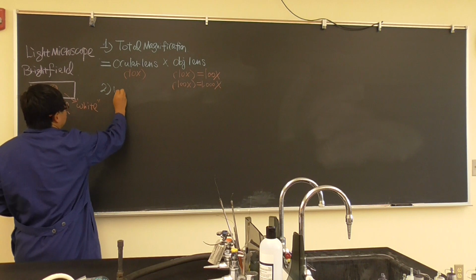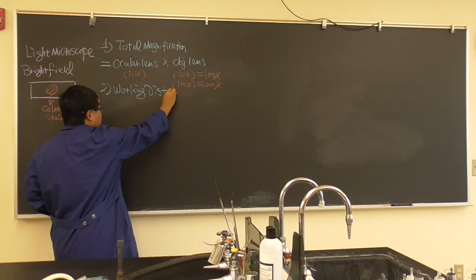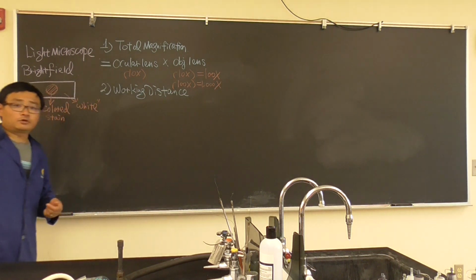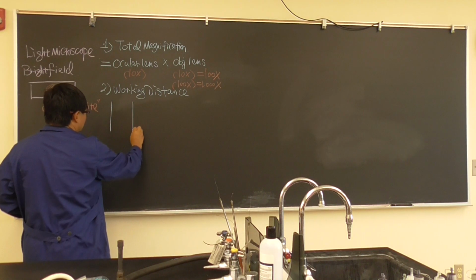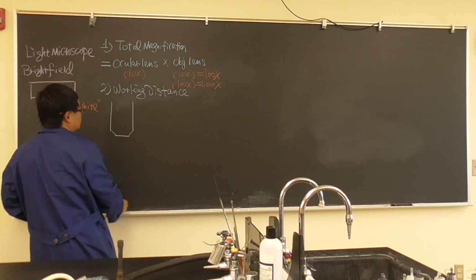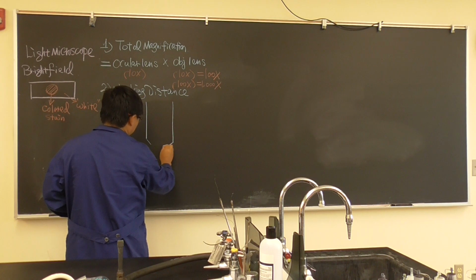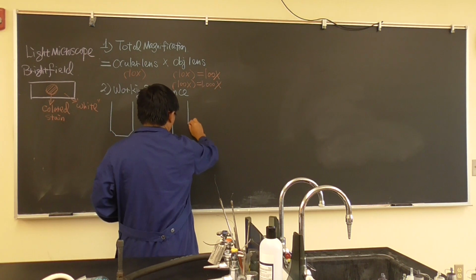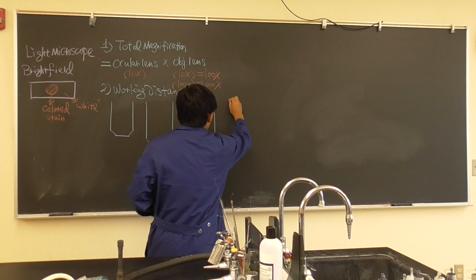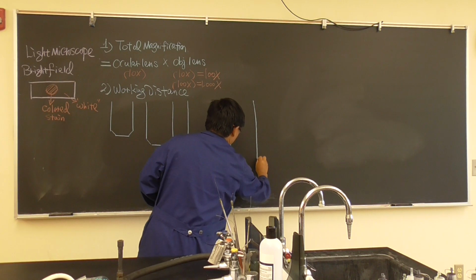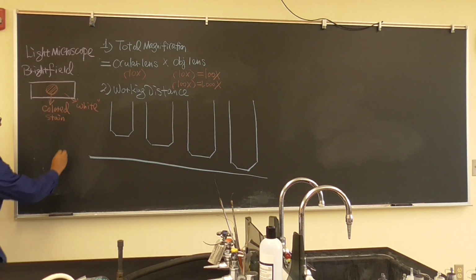Second question, what we talk about is called working distance. If you look at your microscope, you will see there are 4 different types of lenses. I'm talking about the objective lens. Okay, let's say this is the stage.